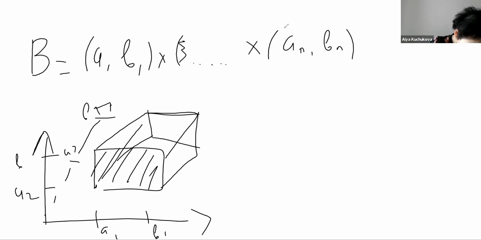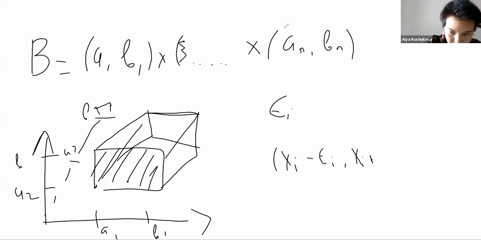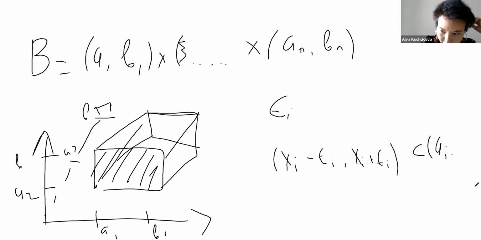So what happens is we want to show that we can always find epsilon_i such that (x_i minus epsilon_i, x_i plus epsilon_i) is inside of (A_i, B_i). And that's basically what happens, right? Why?